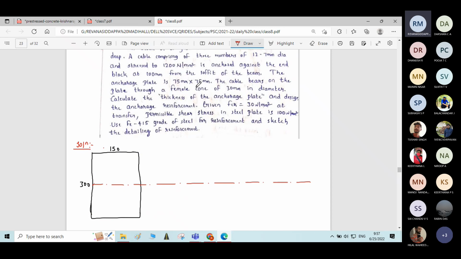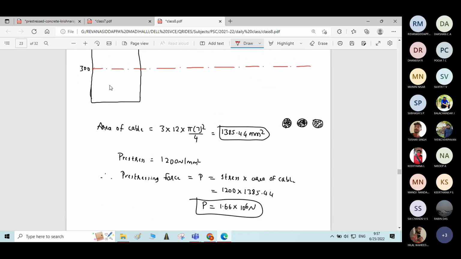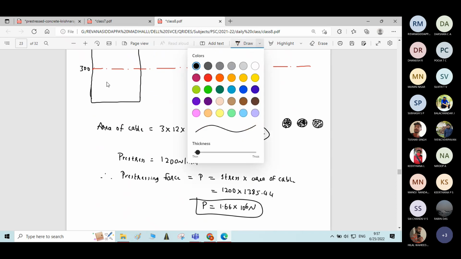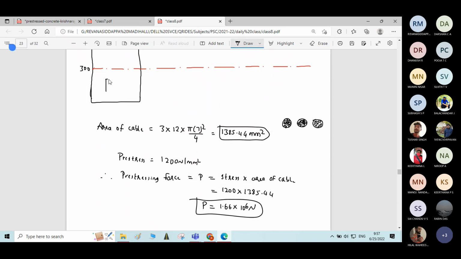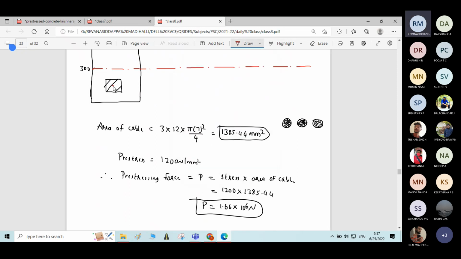The anchor plate is 75 by 75 mm, anchored against the end block at 100 mm from the soffit of the beam. Here we'll have the cable at the center. Size of the plate is 75 by 75.